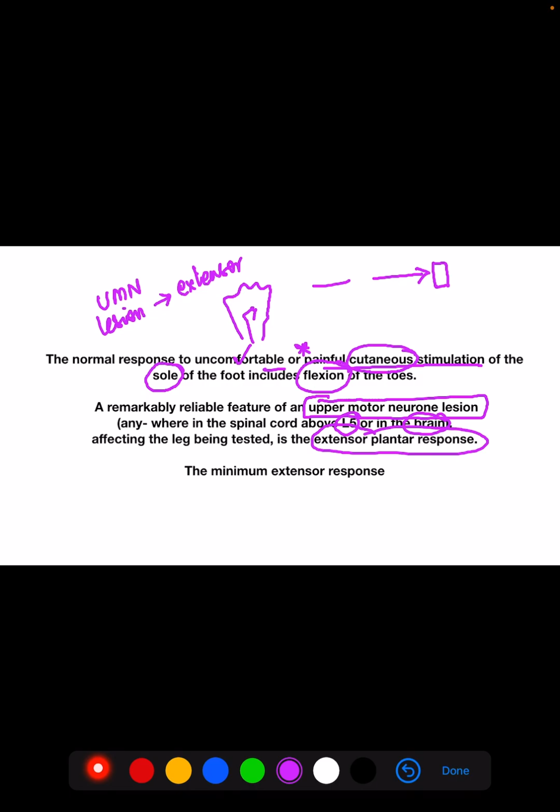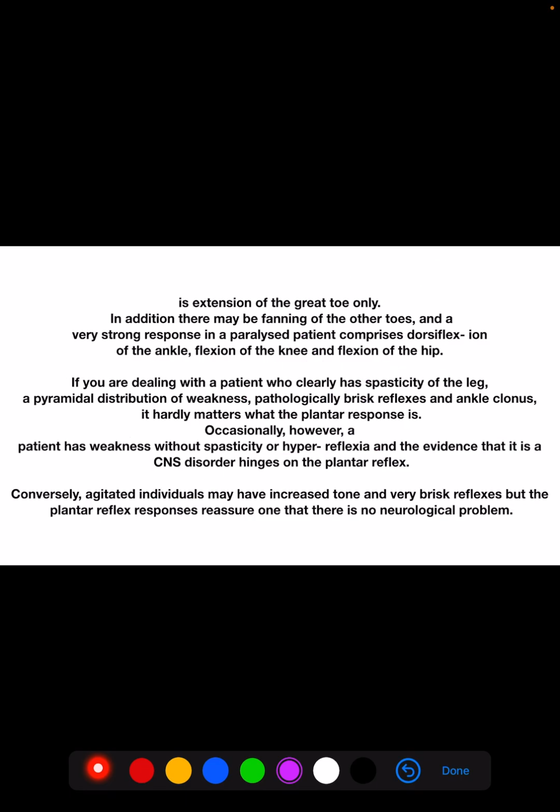So what is the minimum extensor response? It is just extension of the great toe only. If the great toe extends, that is called a minimal extensor response. But apart from extension of the great toe, there could also be fanning of the other toes, and a very strong response in a paralyzed patient.